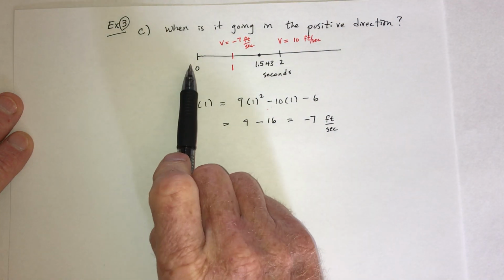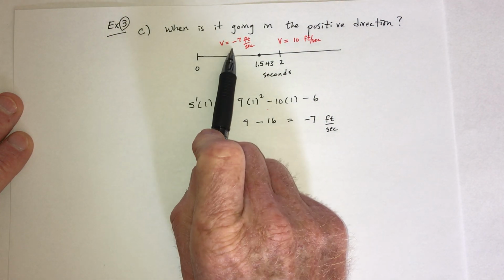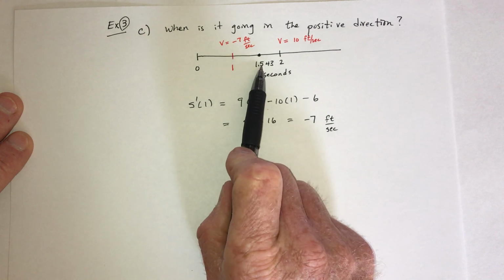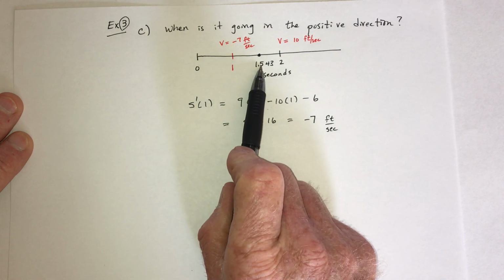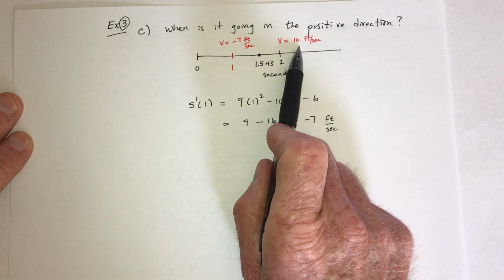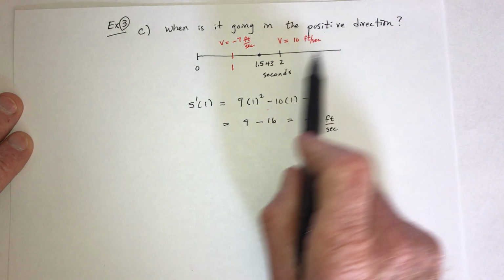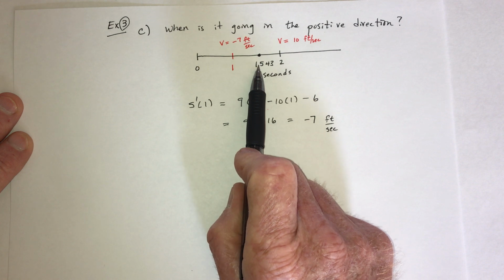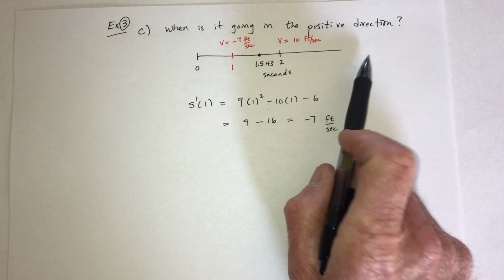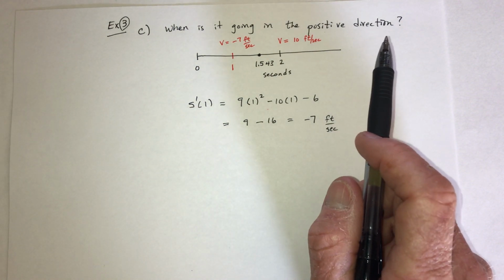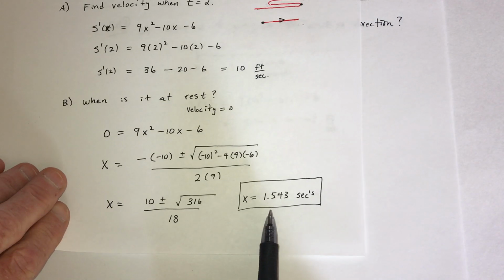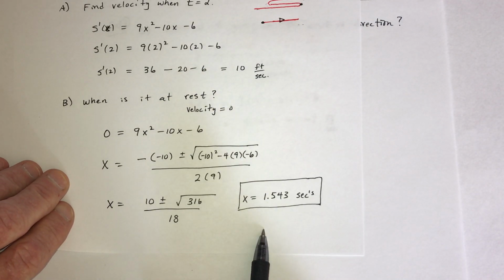So it seems that this object started off going backwards. After about 1.5 seconds, it turned itself around, and then it's going forward. So for answering this question, the positive direction would be from 1.53 on forever. Because when we did the quadratic formula, we found this answer and the negative answer, and we're not using the negative time answer.